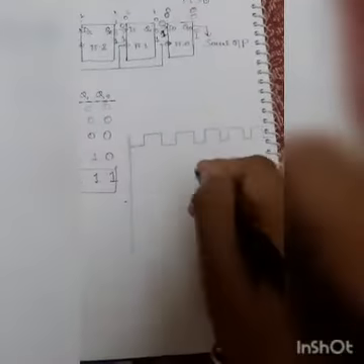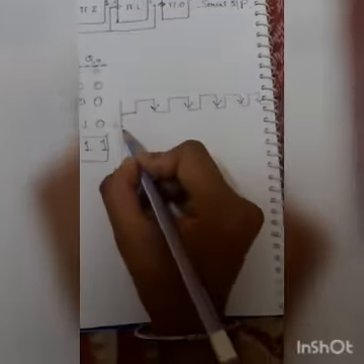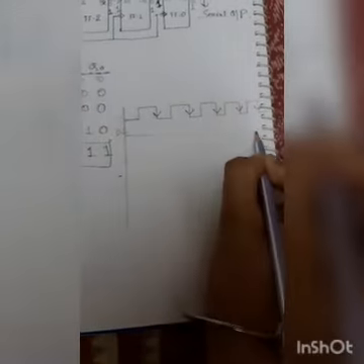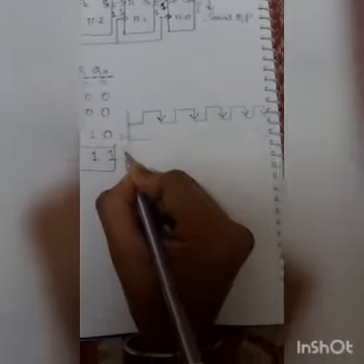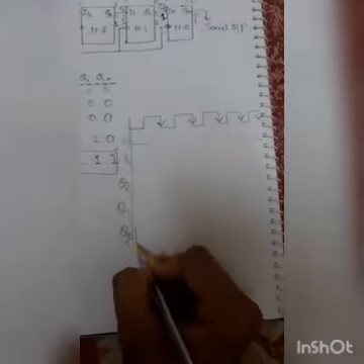Now how can we see this in a waveform? Initially, all the clock pulses are 0. After that we will see Q3, Q2, Q1 and Q0.